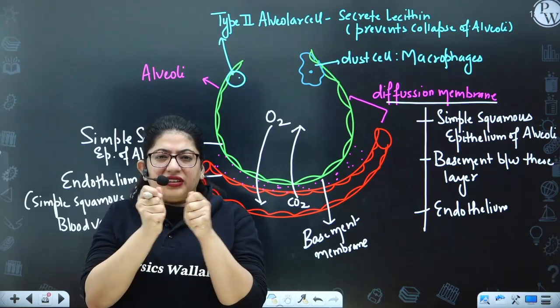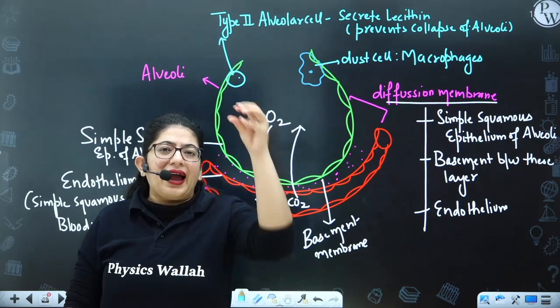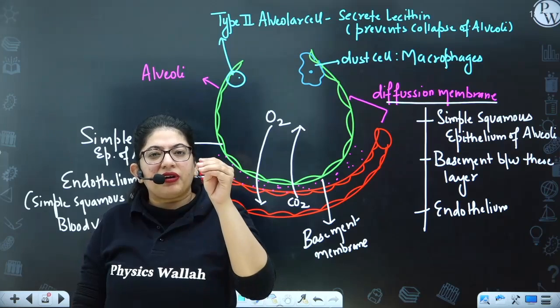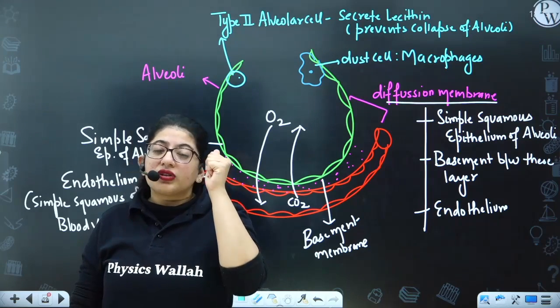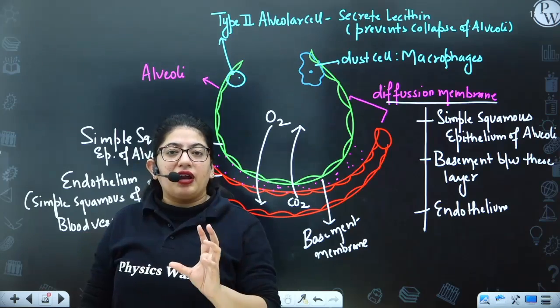They are just sticky, both surfaces stick together. What if I add some drops of oil? Now they're not sticky, they can slip around like this, right? So this is the function of lecithin. It will not allow the alveoli to collapse.